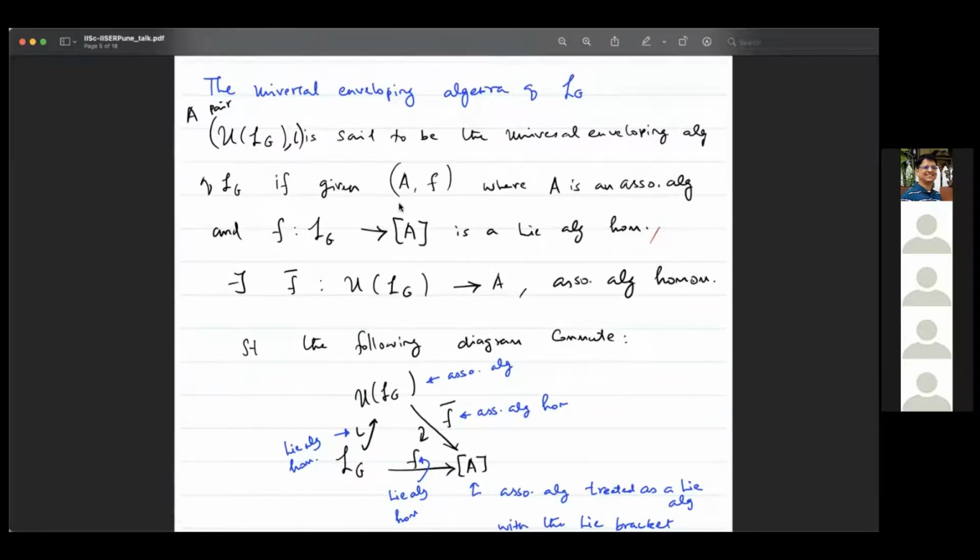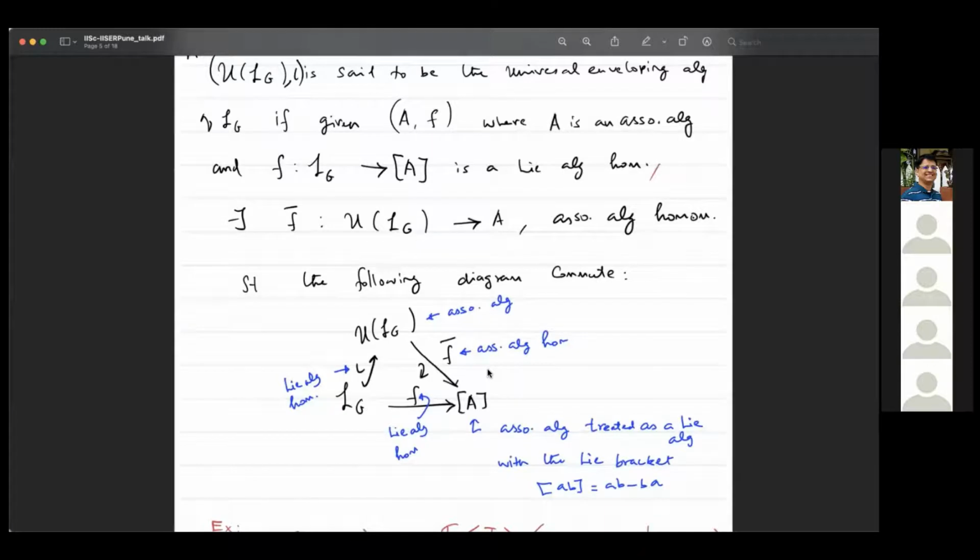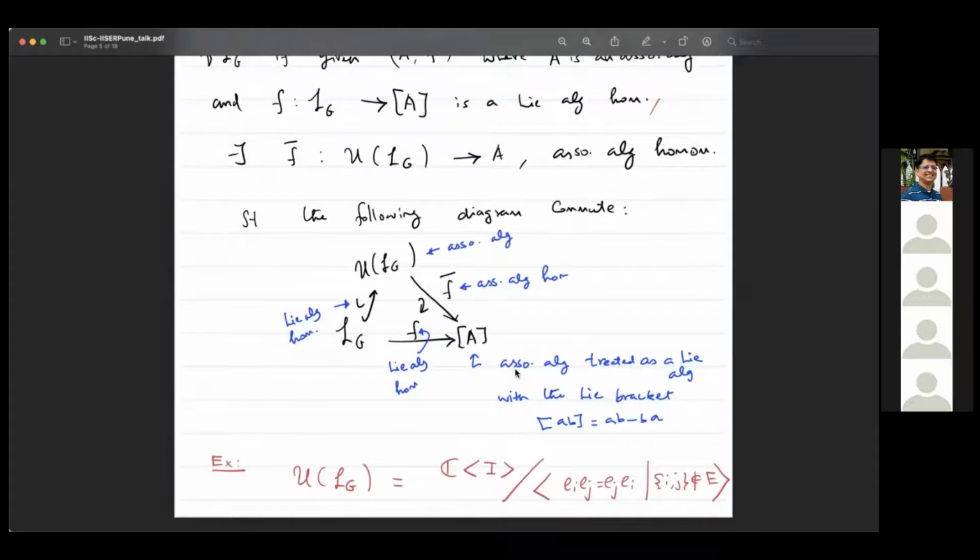You can prove that the universal enveloping algebra exists and is unique up to isomorphism. And there is a very nice theorem, called the PBW theorem, which gives you a basis of this universal enveloping algebra in terms of the basis of LG. Here is the connection, which is easy to prove using the universal property.